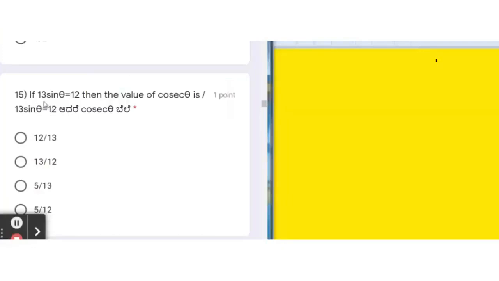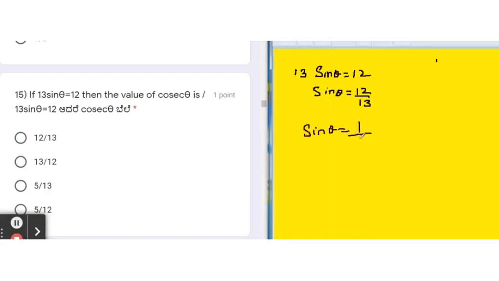15th question. If 13 sin theta is equal to 12, then the value of cosecant theta is. The given condition is 13 sin theta is equal to 12, so sin theta will become 12 by 13. Students, we all know that sin theta and cosecant theta are reciprocal to each other. Sin theta can be written as 1 by cosecant theta, or cosecant theta can be written as 1 by sin theta.